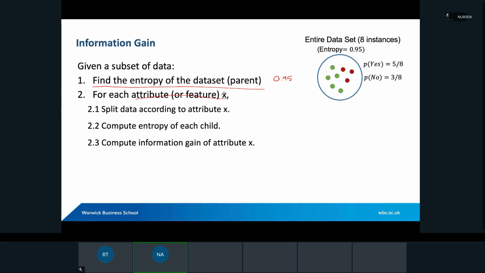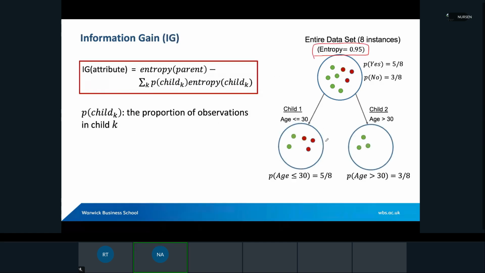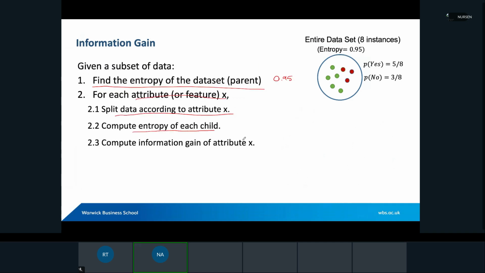We do it individually. Let's say we start with age, then we split the data according to the categories in age, and then we calculate the entropy of each group. So if I go back, we are going to calculate the entropy of this group, child 1, and we are going to calculate the entropy of the second group, child 2. You already know here entropy is 0. For this one, we use the formulation. And then when we know the entropy of each child, we can calculate the information gain.